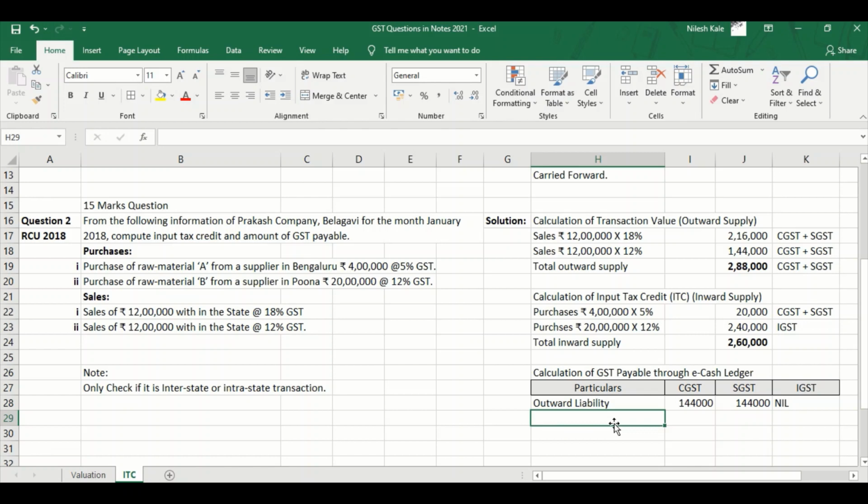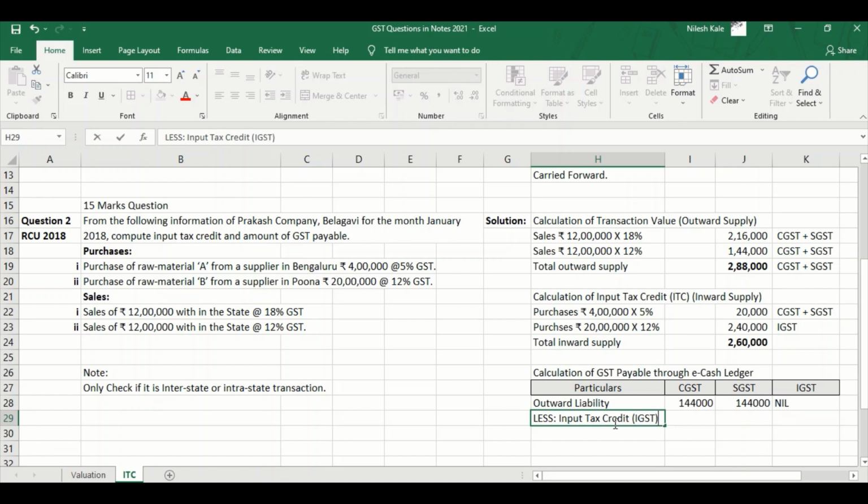So next step is less ITC of whom? ITC of IGST. We'll write it properly: input tax credit, and then IGST in bracket.